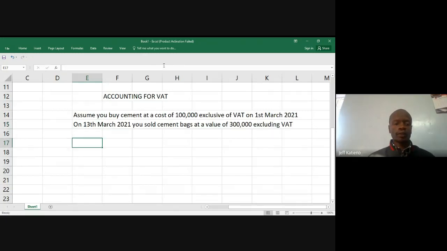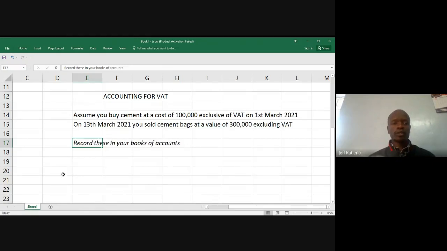So you're required to record this in your books of accounts. So how will you pass journal entries for this, and how will a ledger look like?